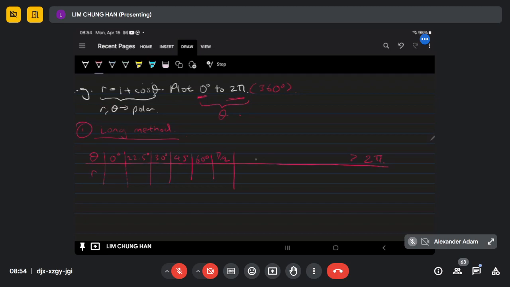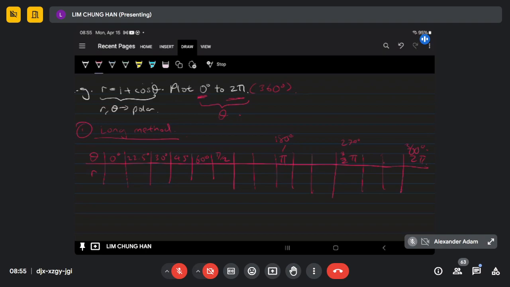You keep going, and at some point you get to pi, which is 180. Then you try a few more points, and you get to 3 over 2 pi, which is 270 degrees, and then you keep going until you hit 2 pi, which is 360. As you can see, it's a very, very long method. You have to try all these points.